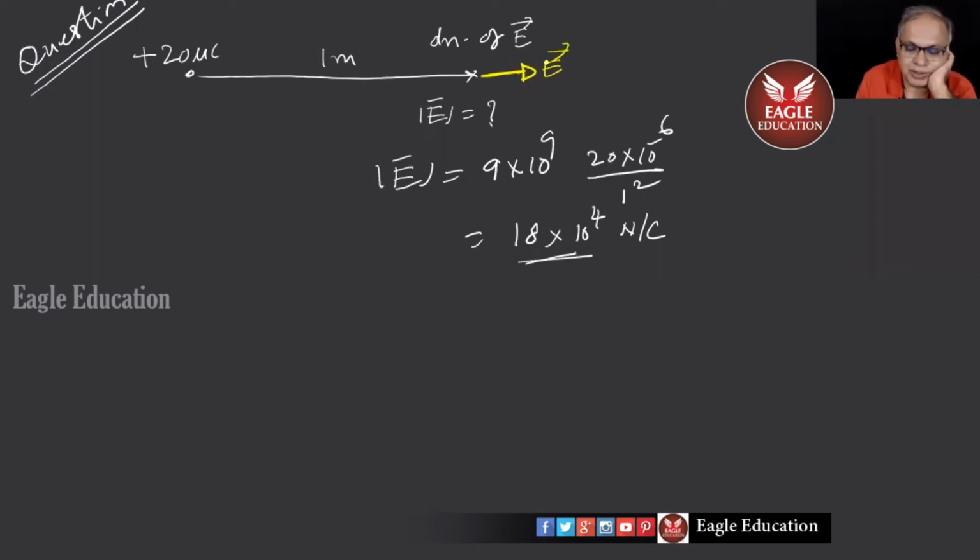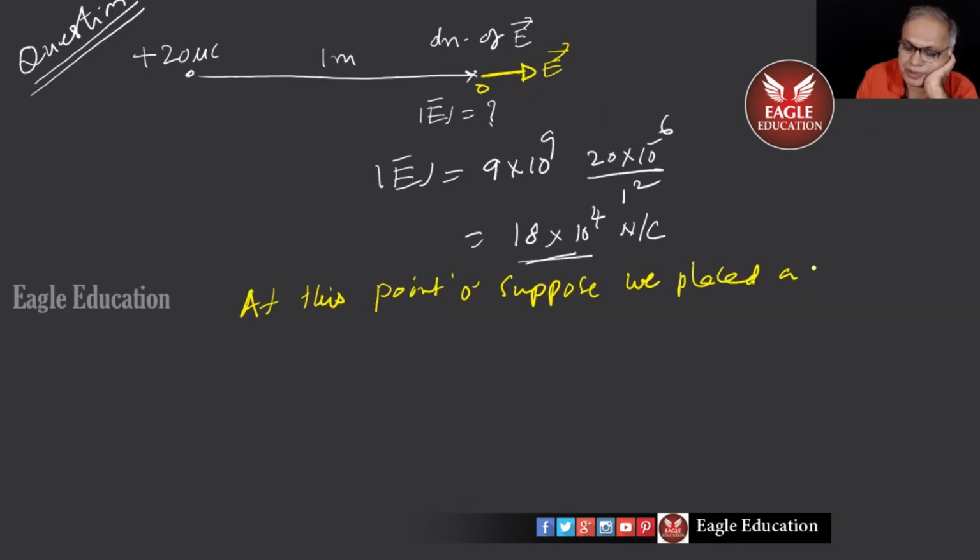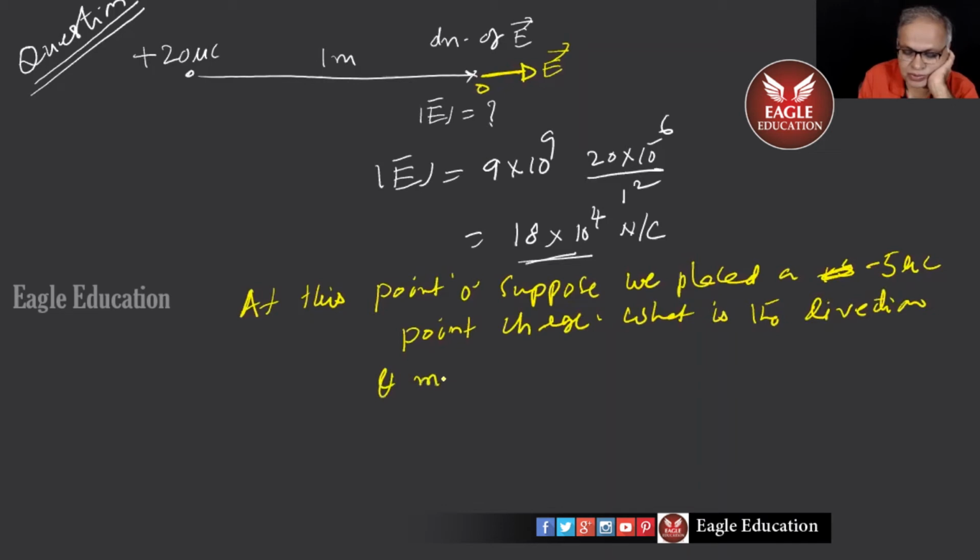All right. Now, at this point O, suppose we placed a minus 5 microcoulombs point charge. What is the direction and magnitude of the force acting on it?